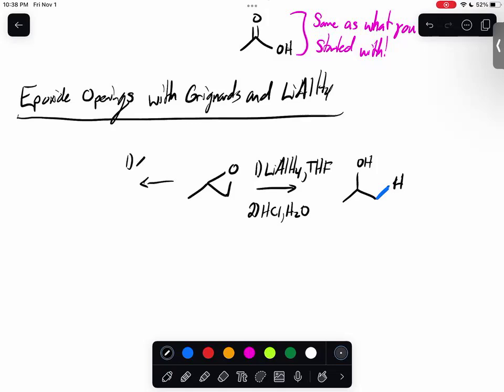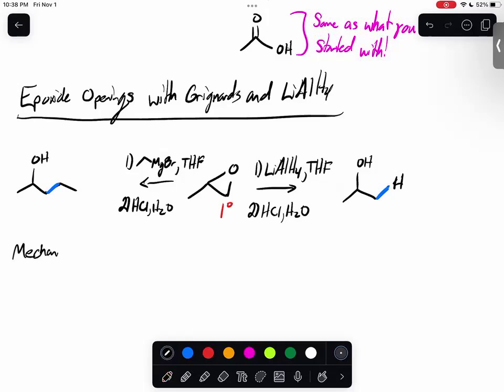If you run a Grignard reaction with an epoxide, what you'll see is that this time we'll also add in, but we'll add the carbon chain in, which I have also put as a blue line for the new bond formed. Right? And you'll notice that for both of these, they've added onto the primary side of the epoxide, right? Because that is the less substituted side. And it's all because these are technically basic.